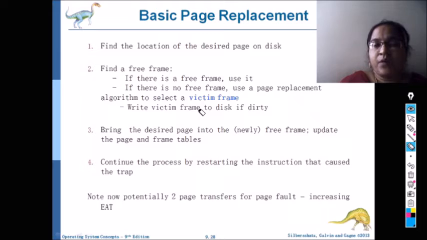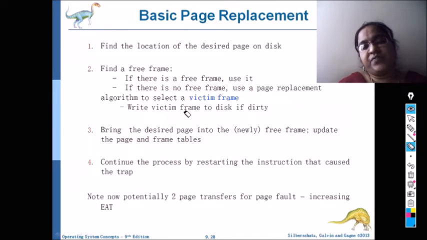If it is modified, only then you transfer the copy of the victim page from the physical memory to the backing store. Otherwise, one swap out transfer can be saved by overwriting it.